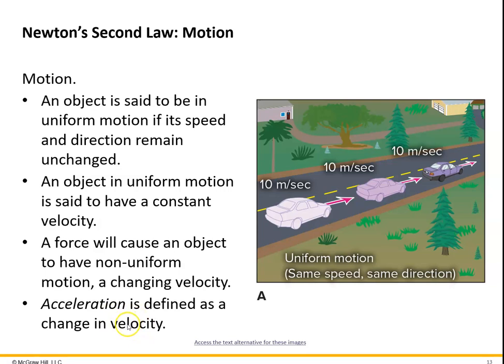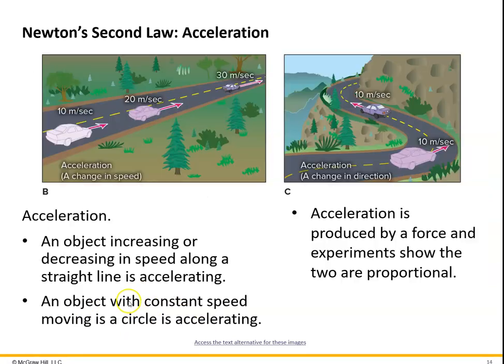The velocity is a combination of the speed, the speed registered on your speedometer, say 50 miles per hour, and the direction. As soon as you change directions, you're changing the velocity, and therefore you're undergoing acceleration. That's an important idea.